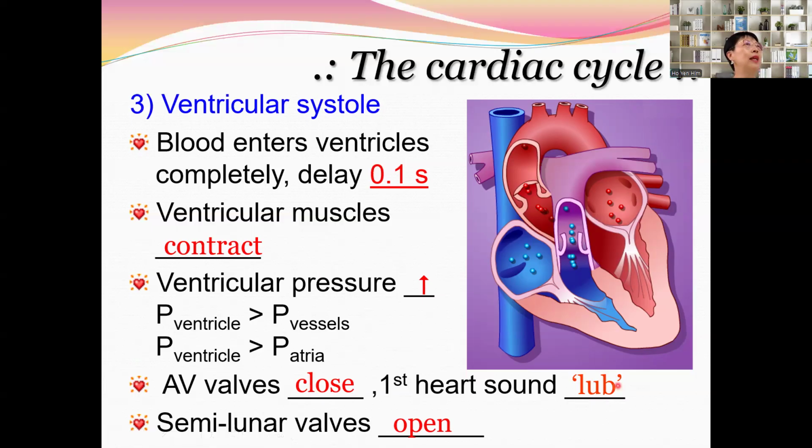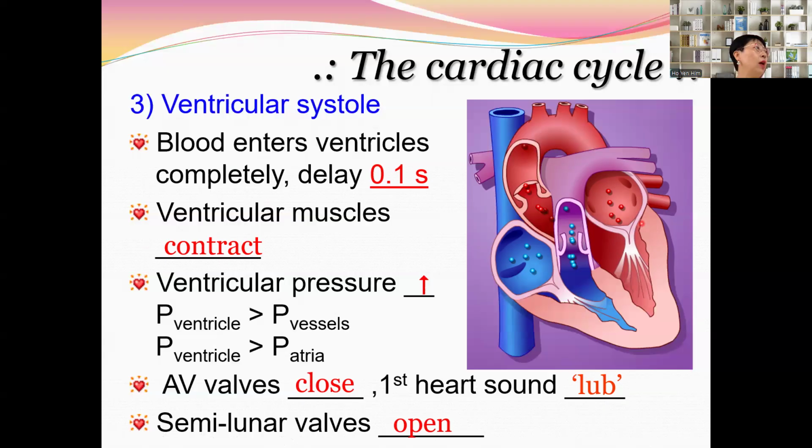So why there's a lub sound is because the AV valve closes, so the valve flaps touch each other. You know, the left side of the heart is bicuspid or tricuspid? Bicuspid.